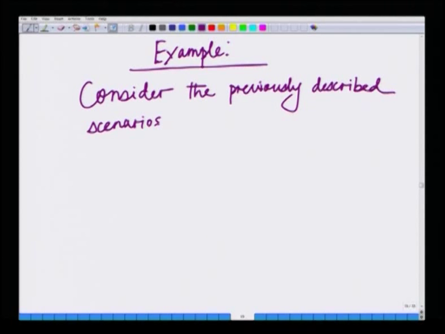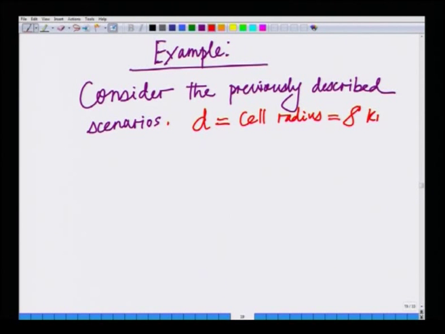We consider D, which is the distance equal to the cell radius, equals 8 kilometers.